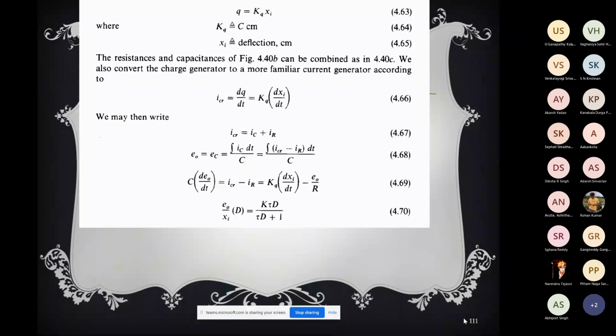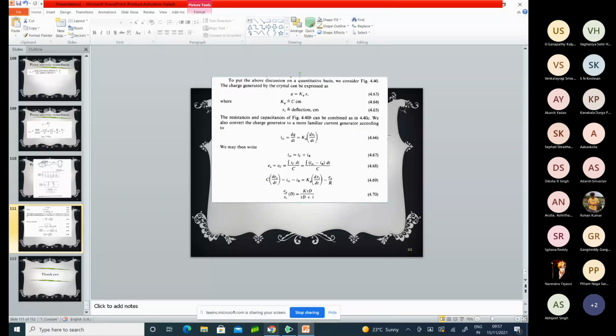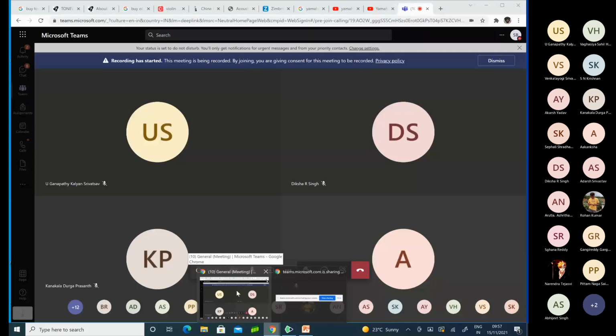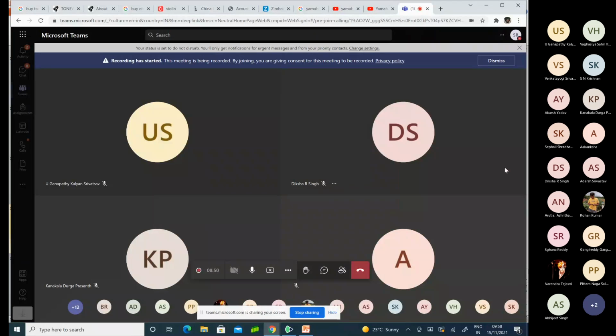Now tell me if there is any query. So we complete this transducer, the piezoelectric transducer, and there are a few more, such as displacement sensors. In Sahani you will see, in Doebelin you will see, but here the chapter ends. So two more classes we have. There we'll read the temperature sensors. Okay, that is also very important.